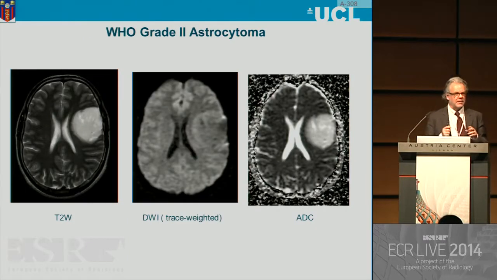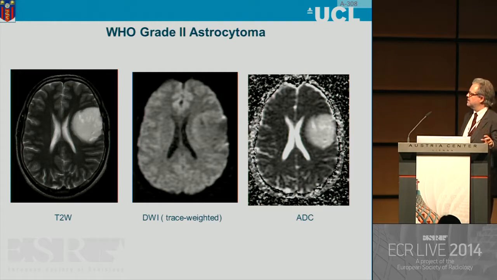And here is another example of a low-grade astrocytic tumor, fairly homogeneous. You know that on what we call normally the diffusion-weighted image, which is actually the trace-weighted image, and my teaching point here is that this is not only giving you information about the water movement, but it has also a T2 effect. So why don't you see it there? You can actually hardly miss it.